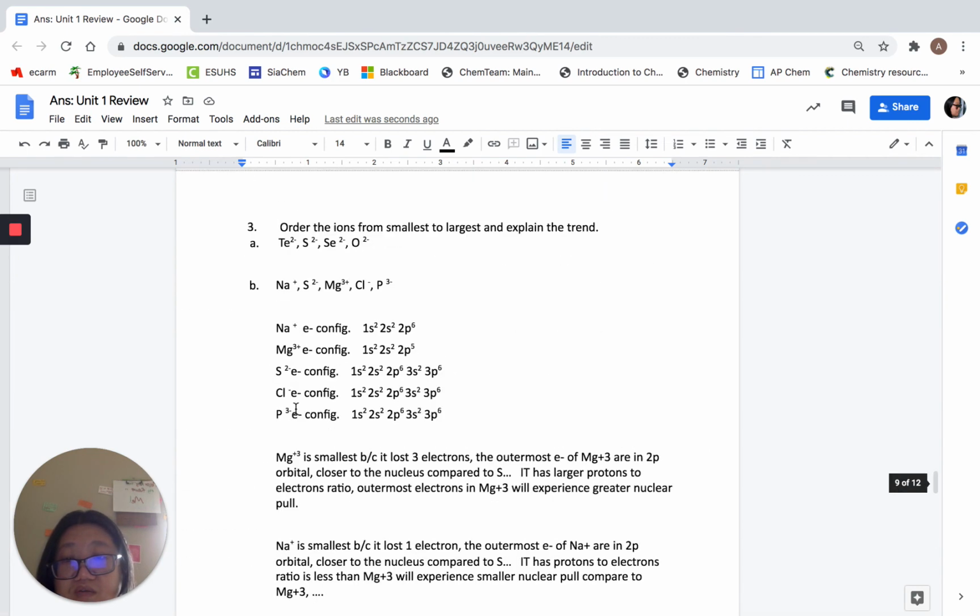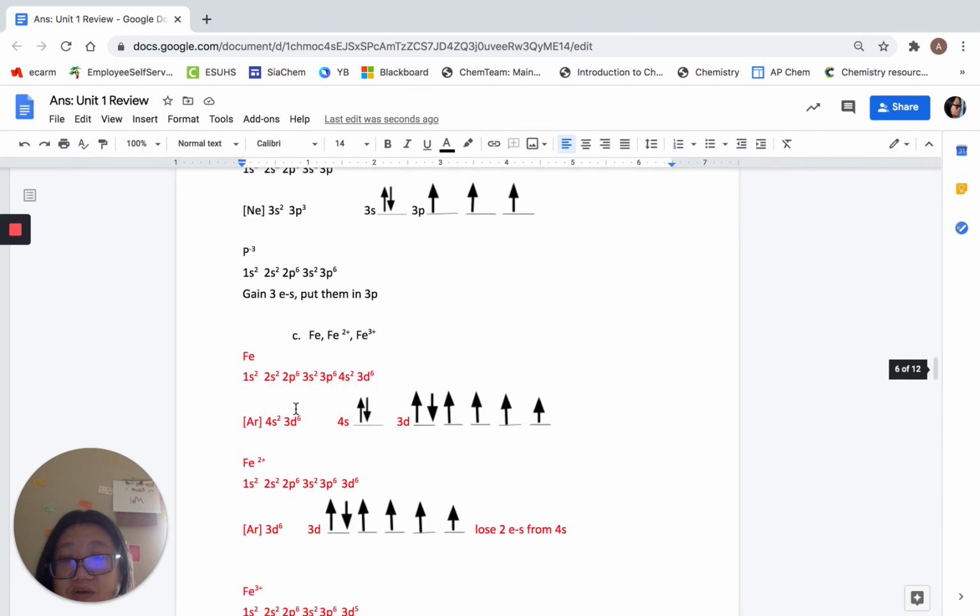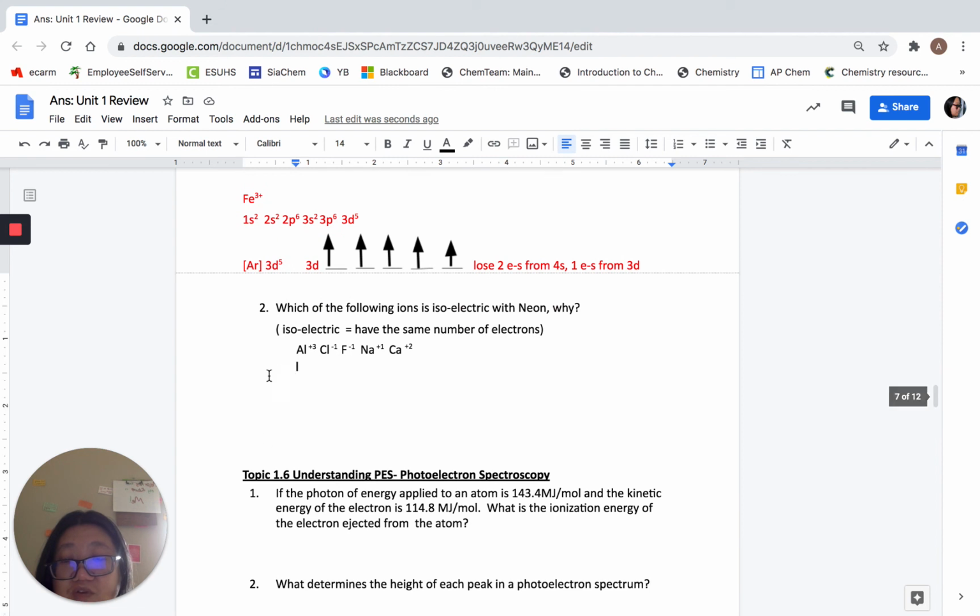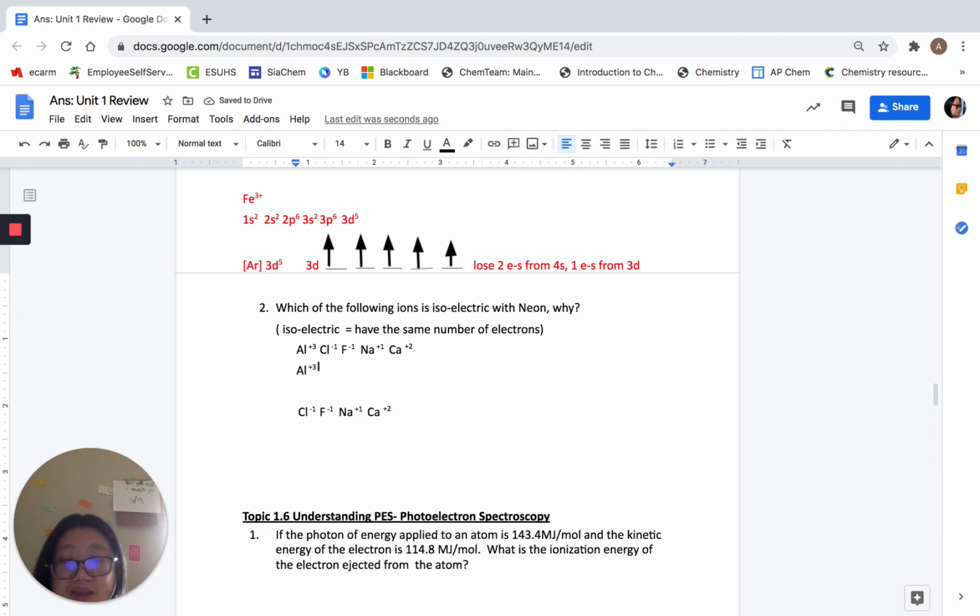Okay, so I don't even need to know electron configuration. All I need to do is count the electrons. So we're gonna say Al plus 3. Okay, so that means plus means lose. So lose 3 electrons from Al atoms.